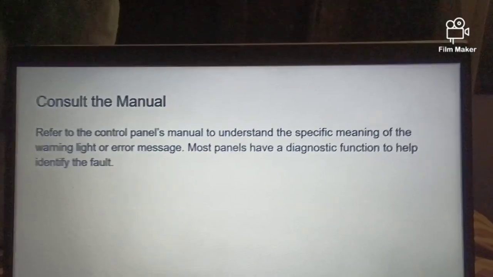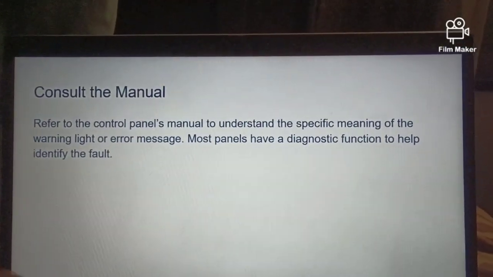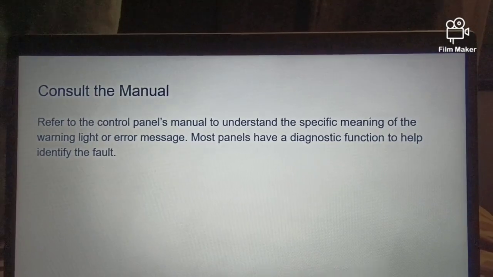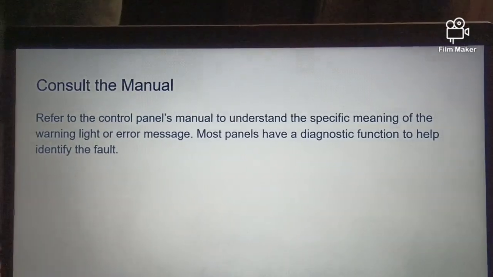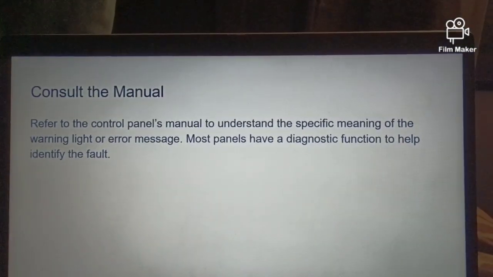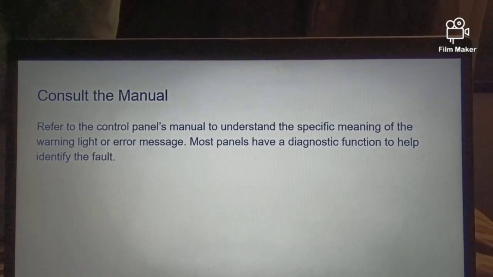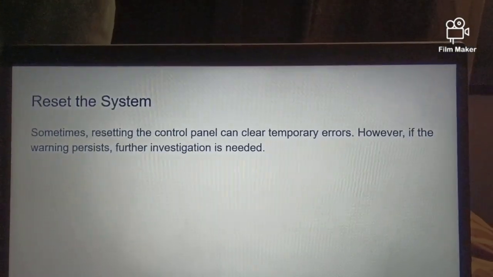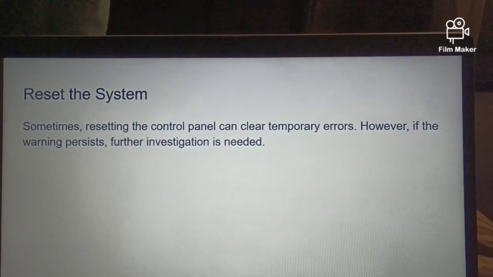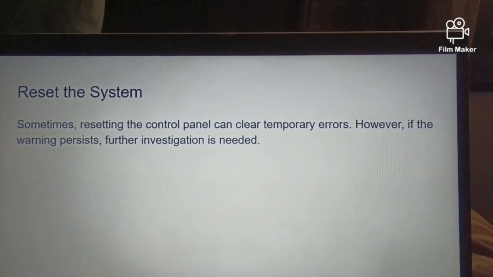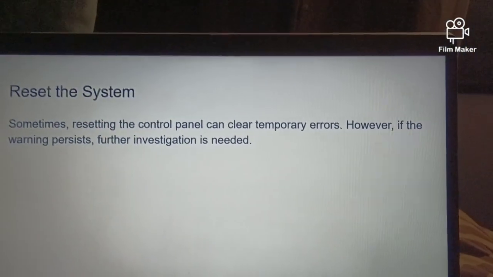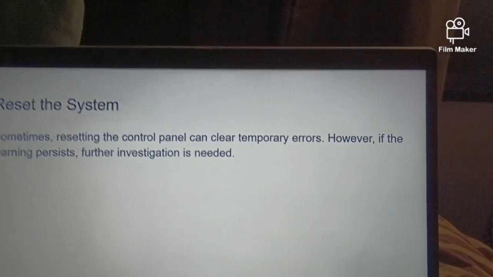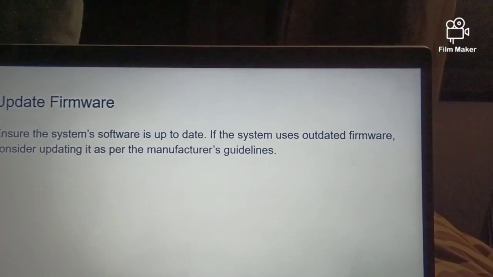Consult the manual. Refer to the control panel's manual to understand the specific meaning of the warning light or error message. Most panels have a diagnostic function to help identify the fault. Reset the system. Sometimes resetting the control panel can clear temporary faults. However, if the warning persists, further investigation is needed.